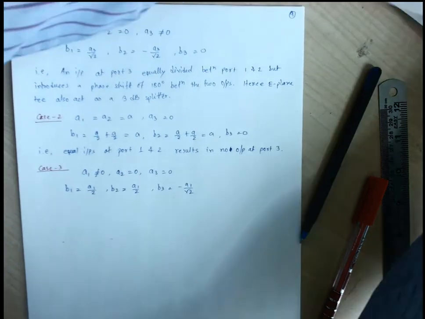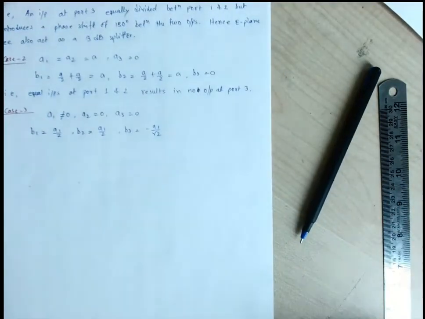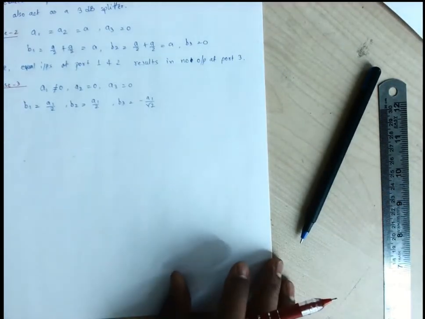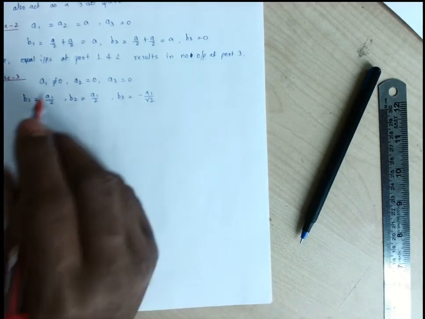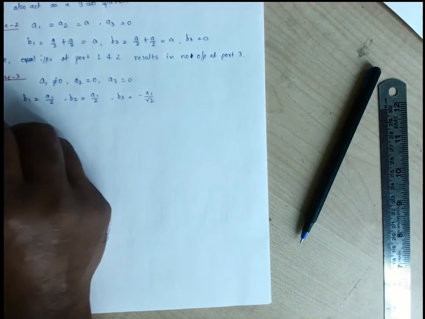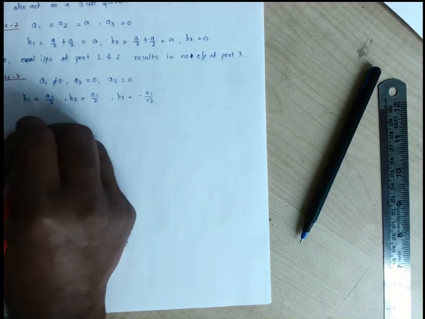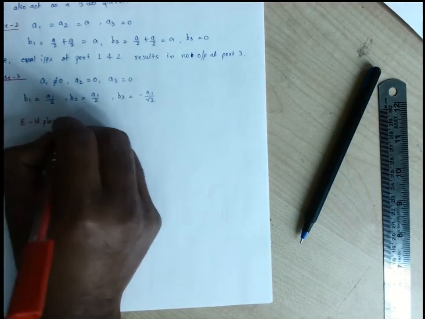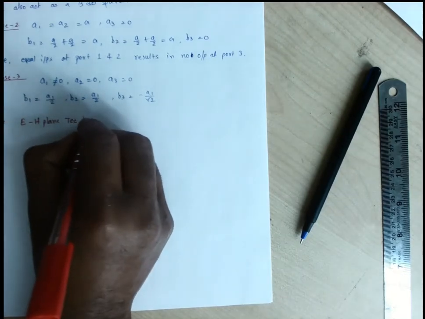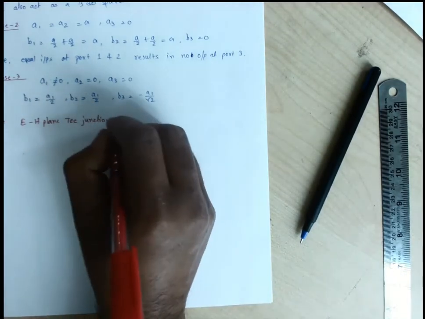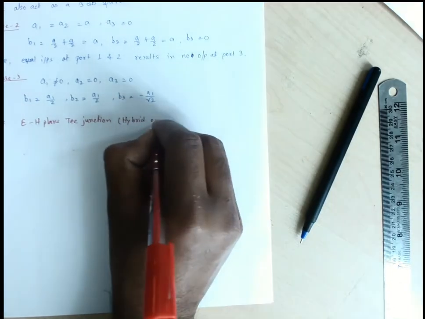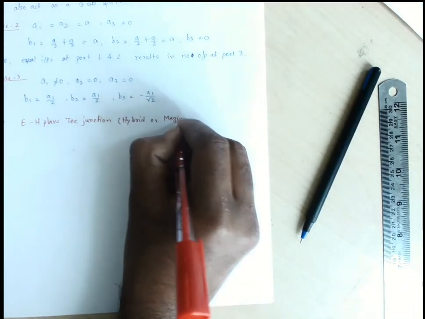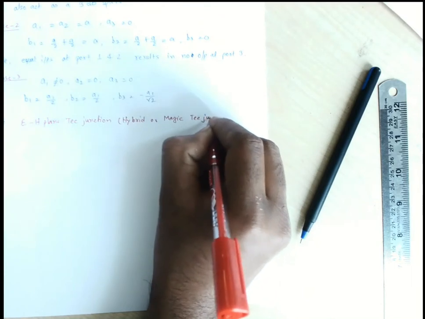Next one is the magic T or hybrid T junction or EH plane T junction, which is also known as hybrid or magic T junction.